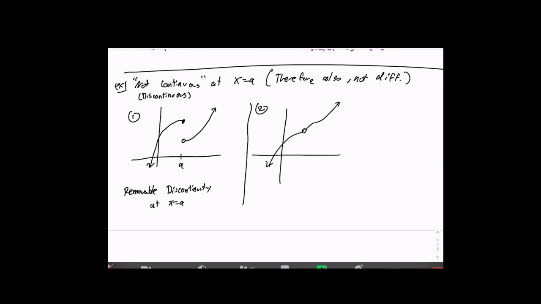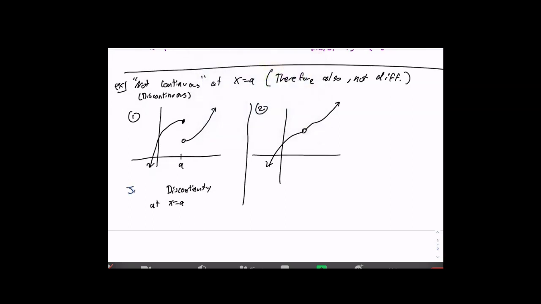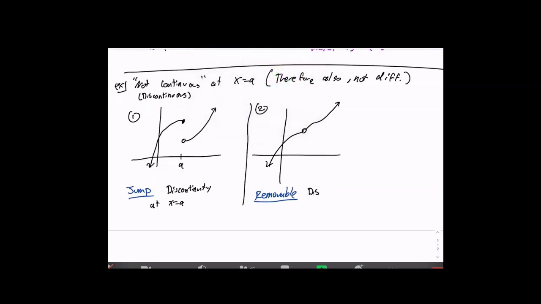Second example. And then I remember what this one is called. Oh, sorry. I made a terrible mistake. This is called a jump discontinuity, and this is called a removable discontinuity at x equals a. So sorry if I confused anybody right there.